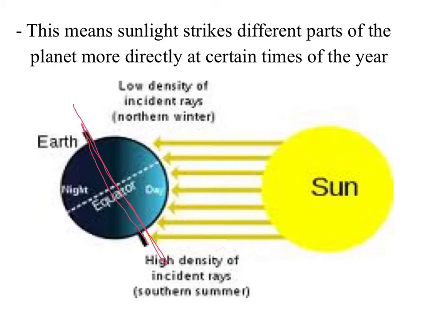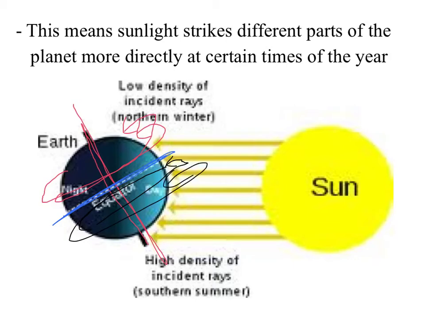The Earth is going to be rotating like this, which means that if here's the equator, the southern part of the world, the Southern Hemisphere, right down here, as it goes around and around, rotating, is nevertheless going to be more exposed to the sun's rays.